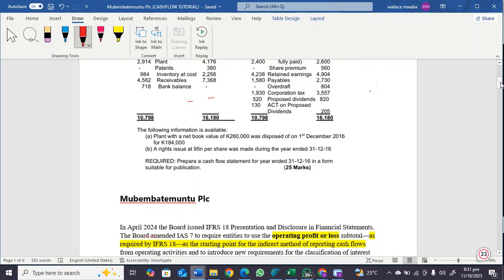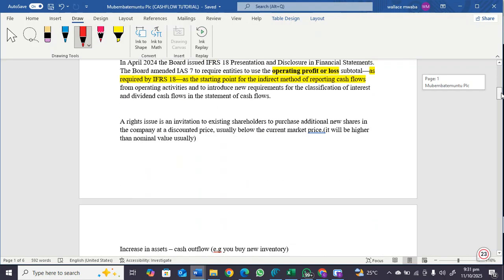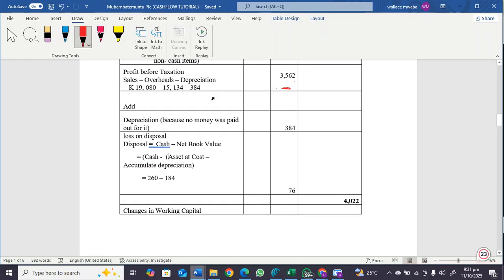So to see whether you've got a gain or a loss, you say cash minus the net book value. So you say 184 minus 260, you get negative 76. Since it's a negative value, it means you made a loss on this disposal. Okay, colleagues?